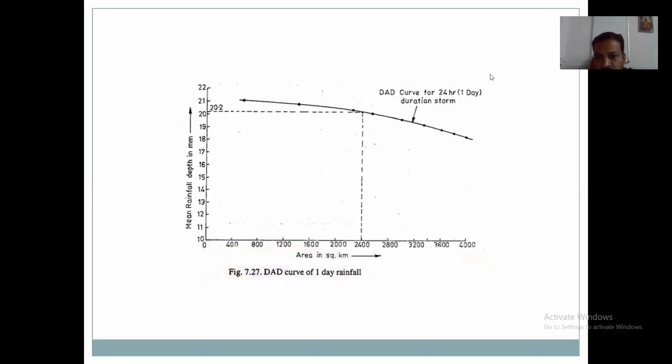So for every day, for 1 day, this analysis is done, the DAD curve for 24 hours for 1 day. How much the intensity of rainfall is, that is shown.